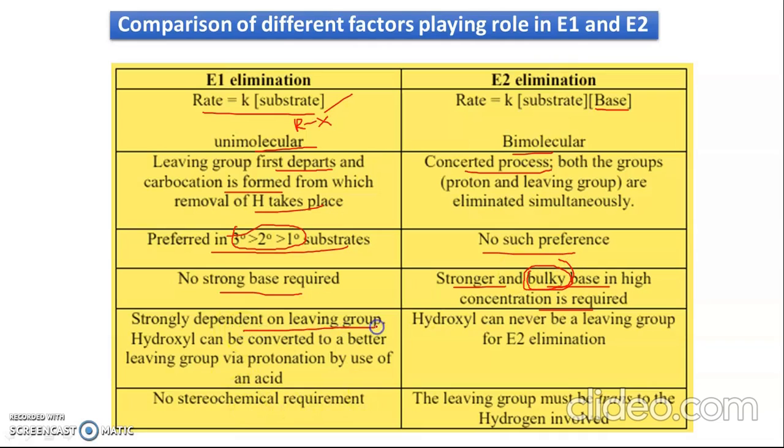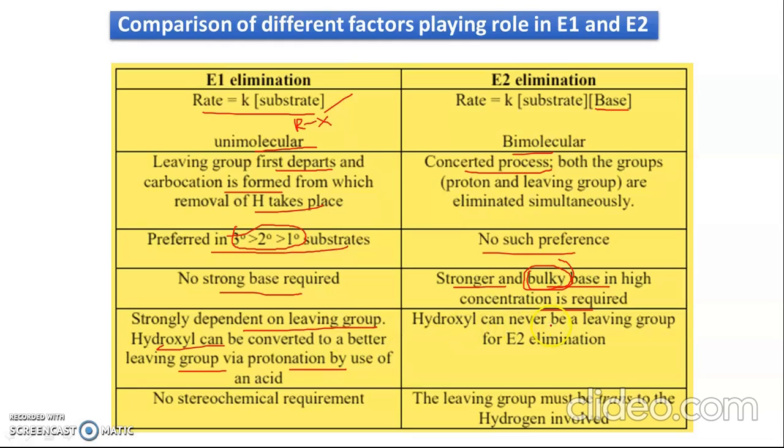Now what about the leaving group? E1 is strongly dependent on the leaving group. In E2 also the leaving group is important, but one very important difference is, suppose in your starting material there is an alcohol, so there is an OH group present. You can change the OH group to a better leaving group, OH2 plus, if you are using some concentrated acid, so it will be protonated.